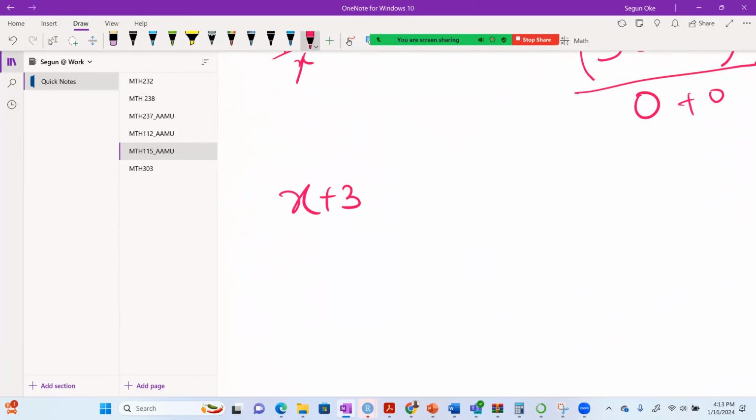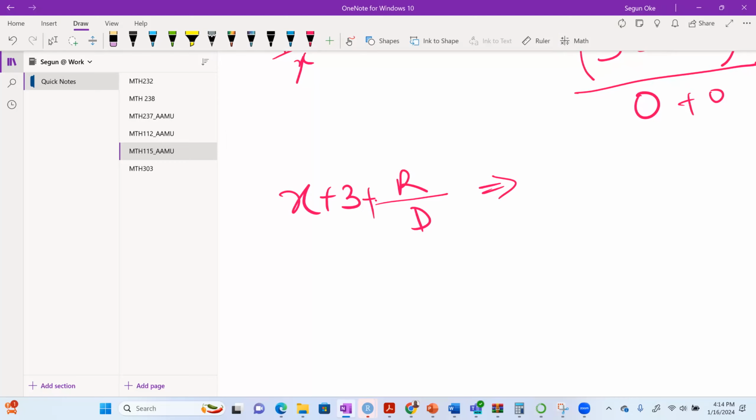That is because we don't have any remainder. Our remainder is supposed to be remainder divided by divisor. So the remainder in this case is 0. Therefore we have it to be x plus 3.